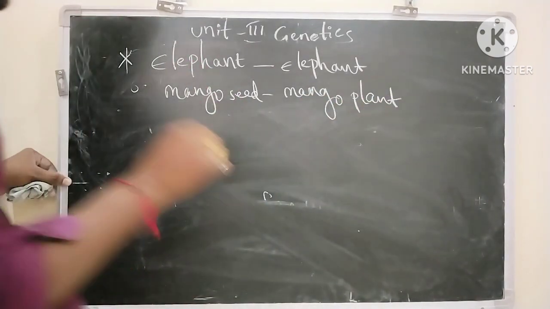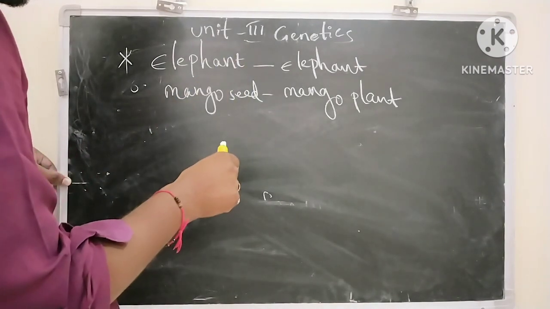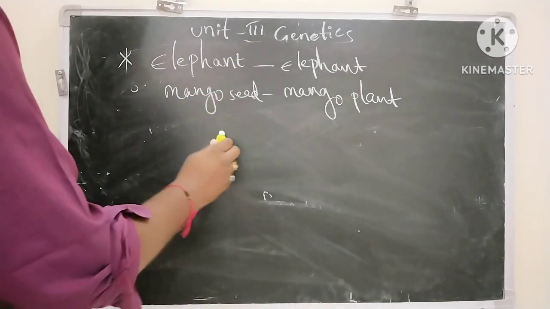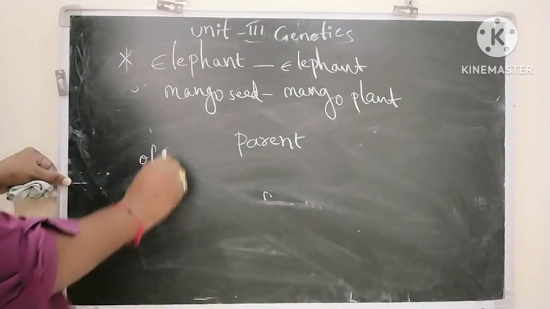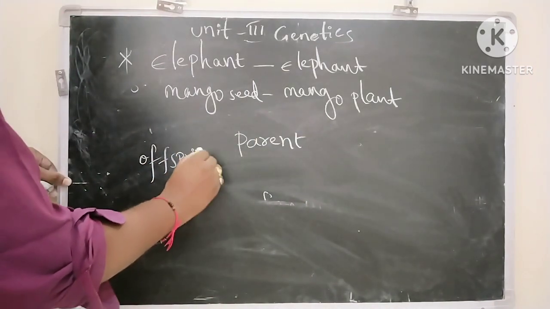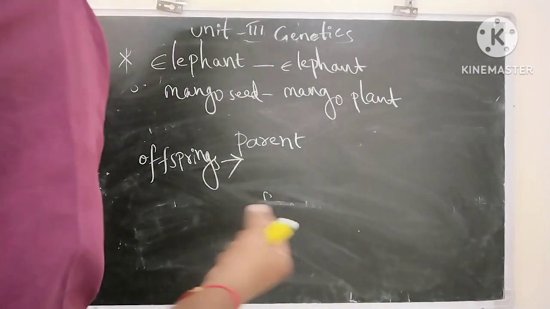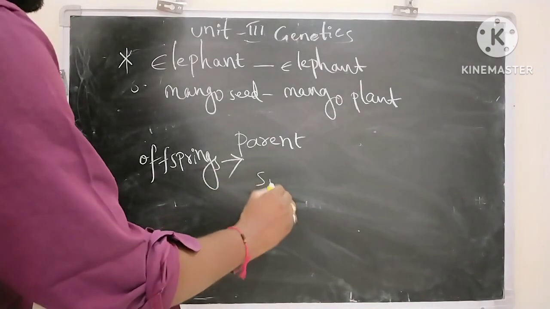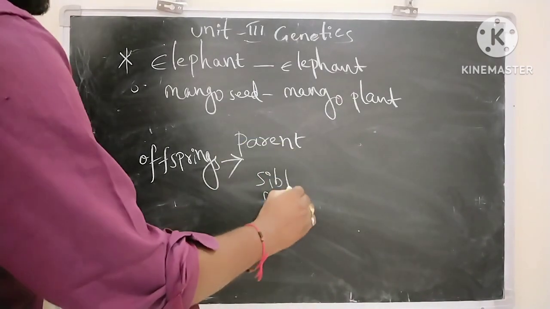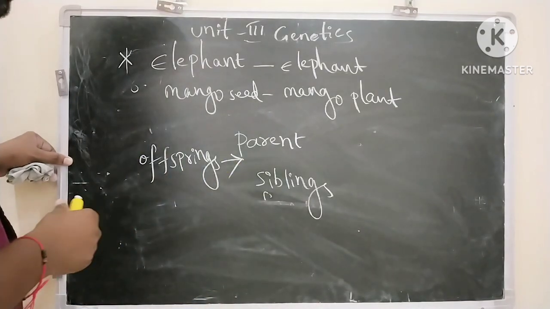So the offspring formed look identical to the parent. Of course, there may sometimes be no similarities. For example, we may have some similarities with our siblings, but sometimes we may not.